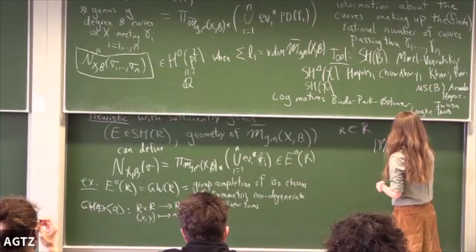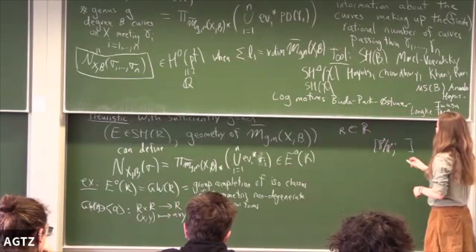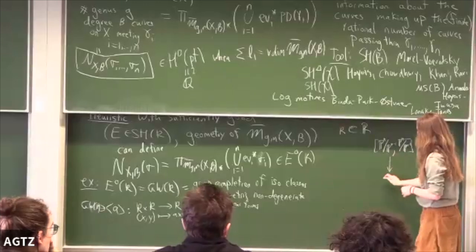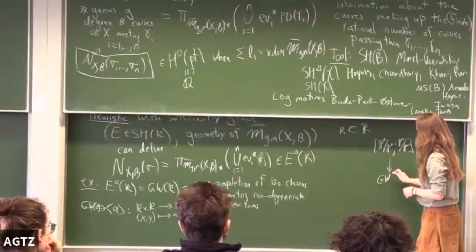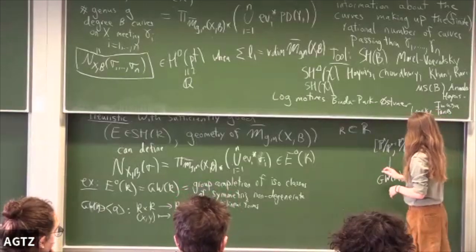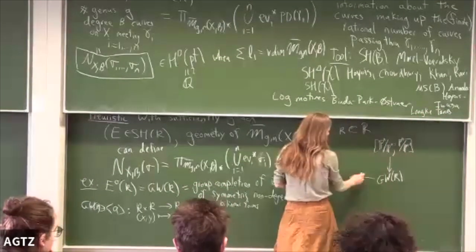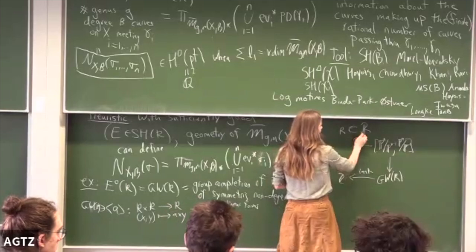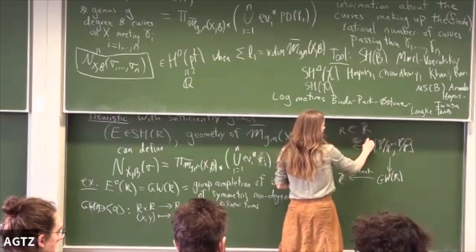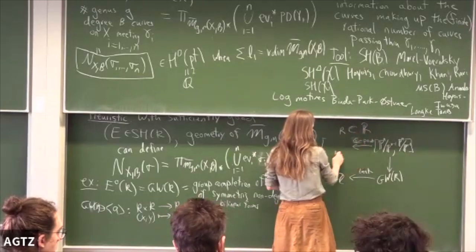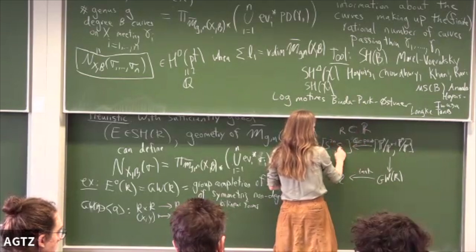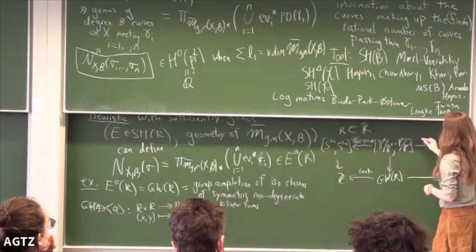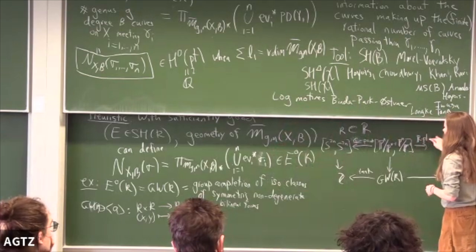So if we take the degree of a map from P^n to P^n, and it's in GW(K), then if we take the rank, we'll get the degree over the C points. And if we take the signature, we'll get the degree over the R points.